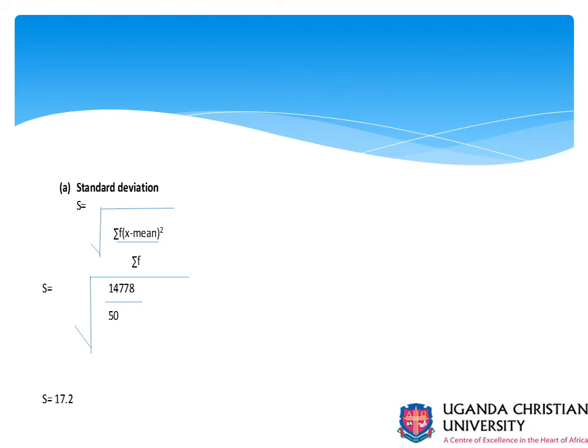Now from the standard deviation, it is very easy to get variance. You just square the standard deviation and that gives you the variance. Either way, you can first compute the variance and then get the standard deviation. If you want to first compute the variance, then you would remove the square root from the formula.